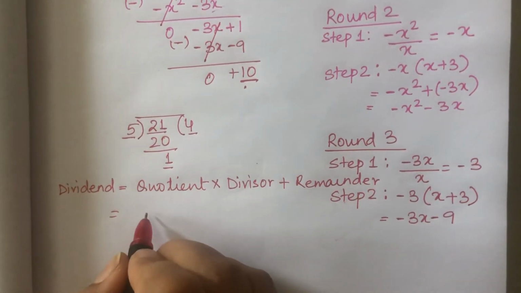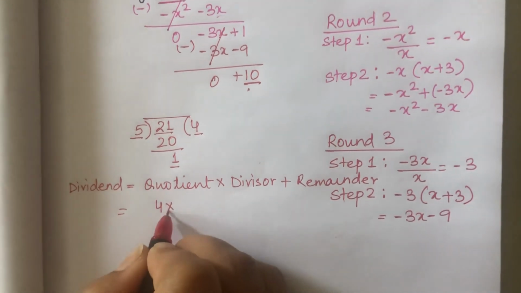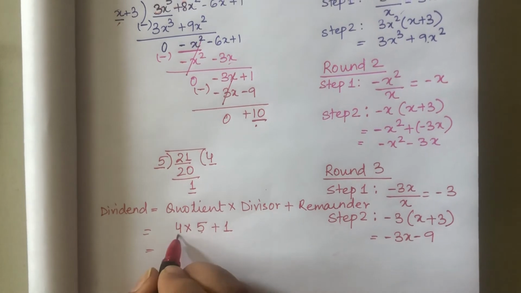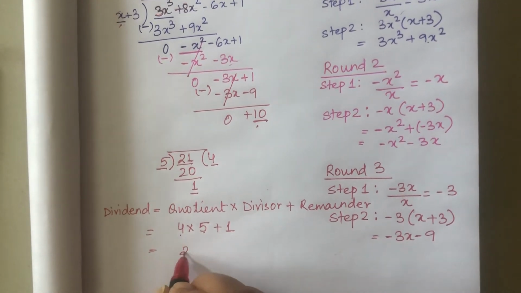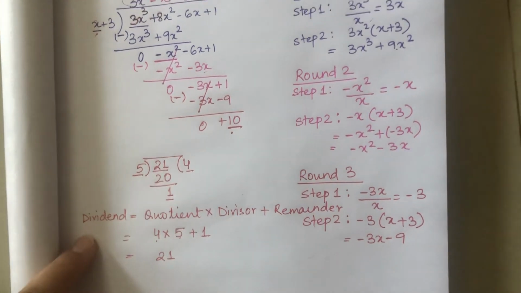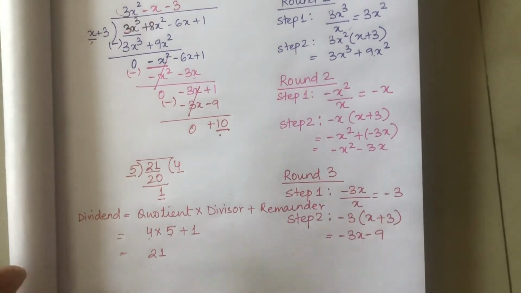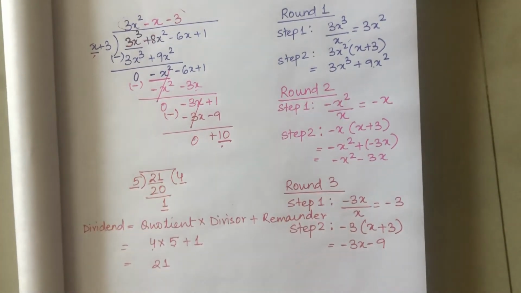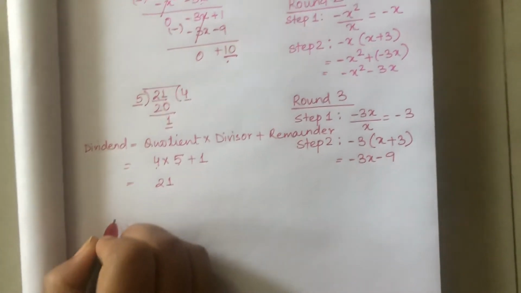So quotient is 4, divisor is 5 and remainder is 1. 5 into 4 is 20, 20 plus 1 is 21 and dividend is 21. So we proved it. This algorithm we can use to prove polynomial division also. So let's see.